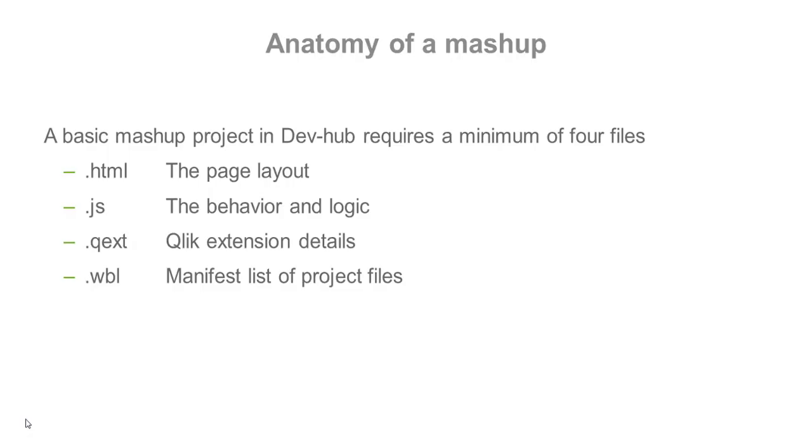Now let's take a look at the anatomy of a mashup. A basic mashup project in DevHub requires a minimum of 4 files: an HTML file which controls the page layout, a JavaScript file which controls the page behavior and logic, a Qext file which has the Qlik extensions details, and lastly, a WBL file which is the manifest list of the project files.